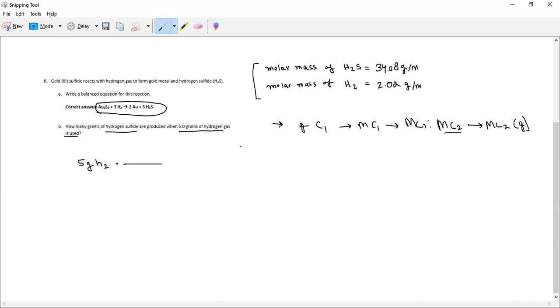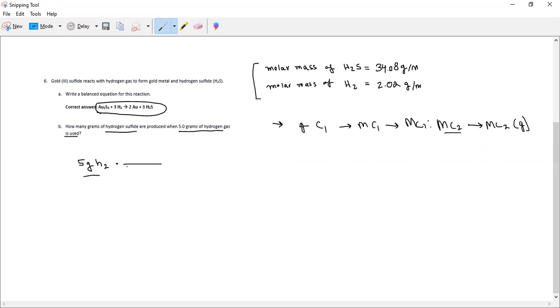And we want to first establish a relationship between moles of hydrogen gas and moles of hydrogen sulfide. And the only way we can even begin to do that is if the amount of grams that we were given can be expressed as moles. Then we'll talk about expressing it in terms of the other compounds' moles. But as of now, we want to be able to express 5 grams of hydrogen gas in terms of moles.